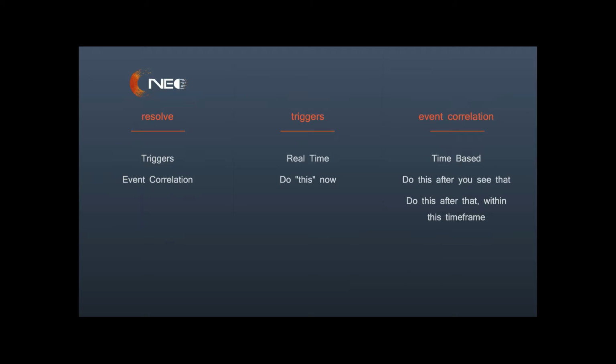Well, do we care if it went down for 1 second and came back up? Do we care if it did it 500 times in the last 5 minutes? Do we care if there was a BGP event or a routing event from somewhere else in the network that this is attached to? Those are much more advanced ways to do these types of things. And yes, of course, LogZilla Neo can do that.